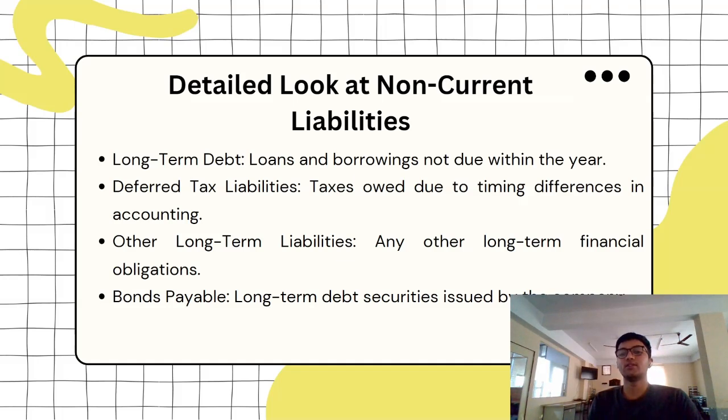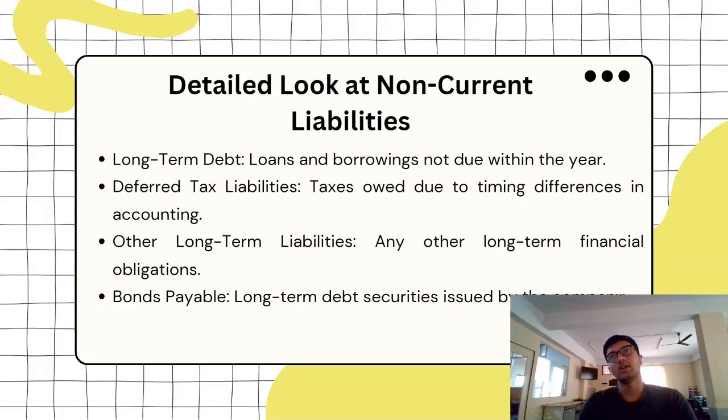Other long-term liabilities are any long-term financial obligations, like if you have taken some kind of loan. Then bonds payable. We have Adani ka bond, Reliance ka bond, REC ka bond, PFC ka bond, many companies. So these are long-term debt securities. You can buy these debt securities from them, and they will offer you a good interest percentage, like 4, 5, 7, 8% per annum.